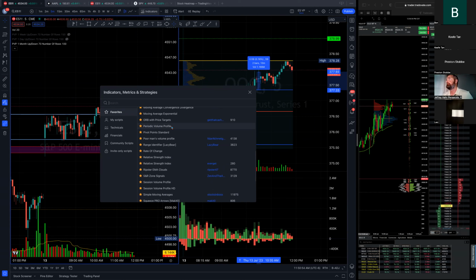And if you go to my YouTube, you can see the settings on how to set it up. I might have to make a short video specifically on how to set up just the volume profile indicator. I'll be working on that soon, just to have one very short video explaining how to set up this indicator.